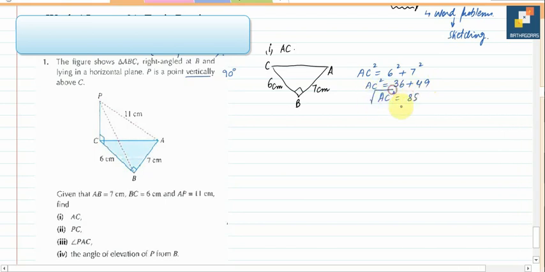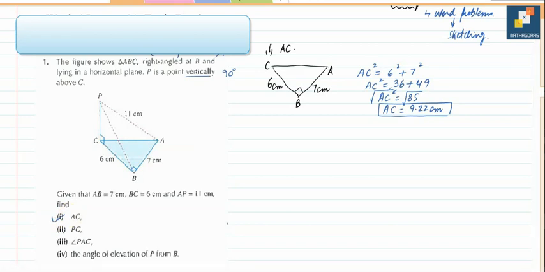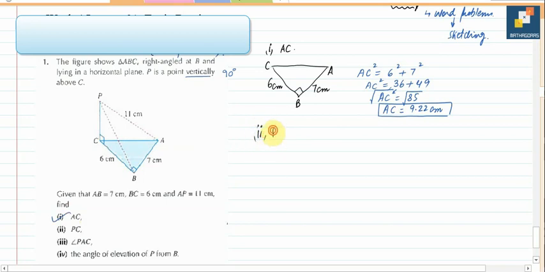Now you need to apply root on both sides. So the value of AC is 9.22 centimeter. That is your first part answer, right? After that you need to find the value of PC. So let me draw the triangle PCA, right?